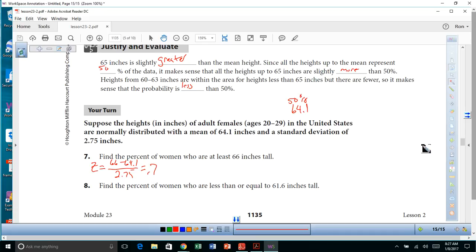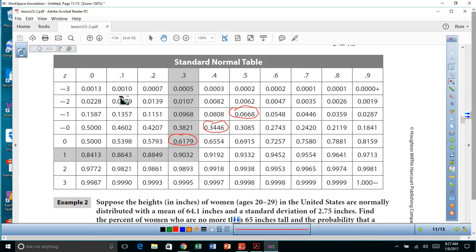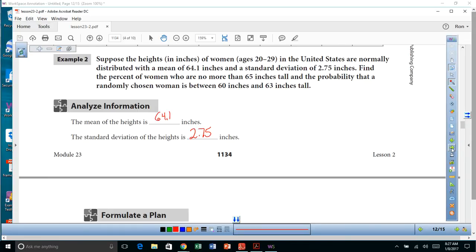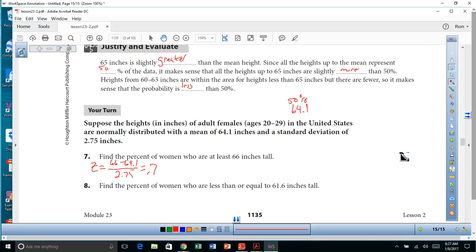Okay, and let's go to our table. 0.7, that's 0.7580, right?